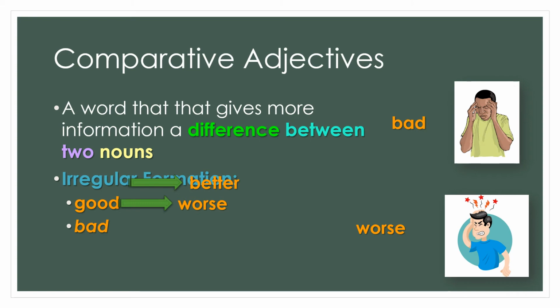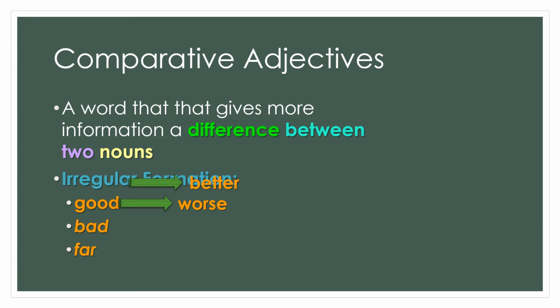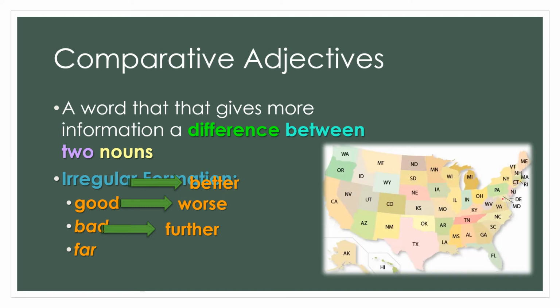The final irregular verb we are going to discuss is far. Far becomes further. For example, from Kentucky to Texas is far, but from Kentucky to California is further.